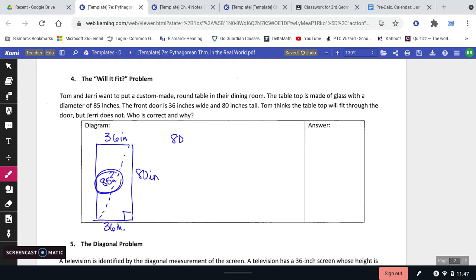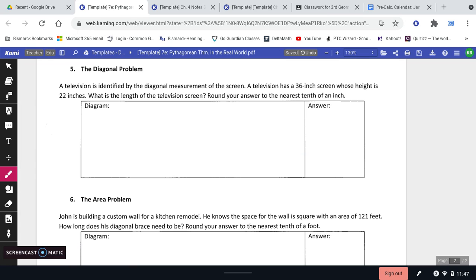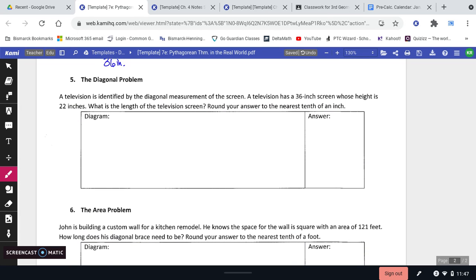So we would go 80 squared plus 36 squared equals x squared, or c squared, whatever variable you want to use. So you're going to solve it and see if that gives you enough distance that you can fit the table through there. Okay, I wanted to set up another one.